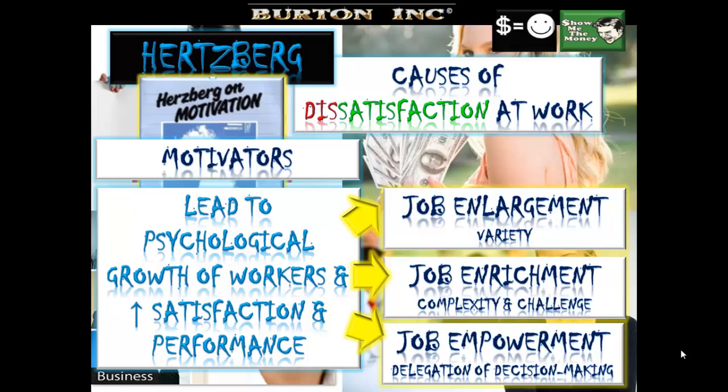Being able to master complex and challenging tasks, the more you can master it, the more you've got that sense of purpose, the more likely you are to enjoy and throw yourself into your work. And job empowerment, giving people power over how they do a task. So it's delegation of decision making down to those employees that you trust.